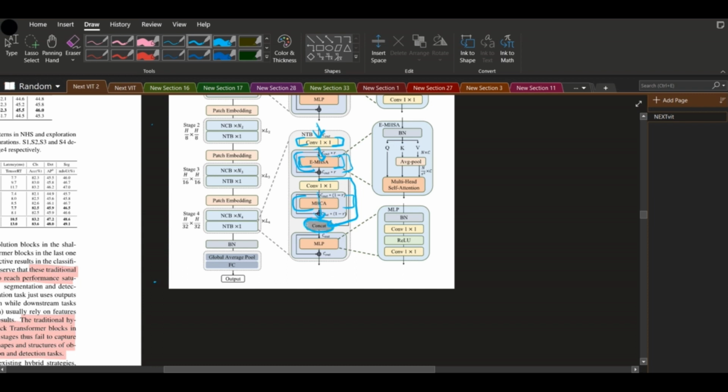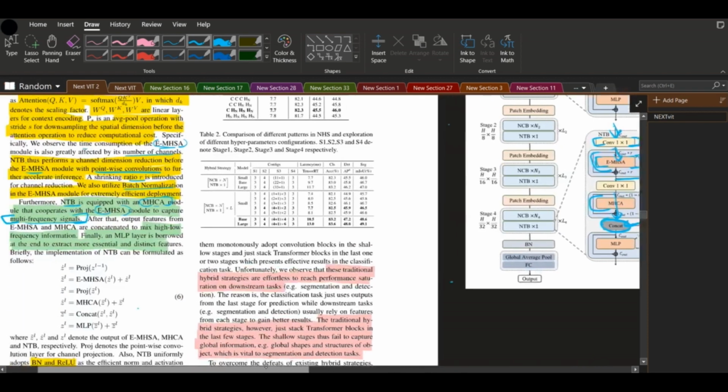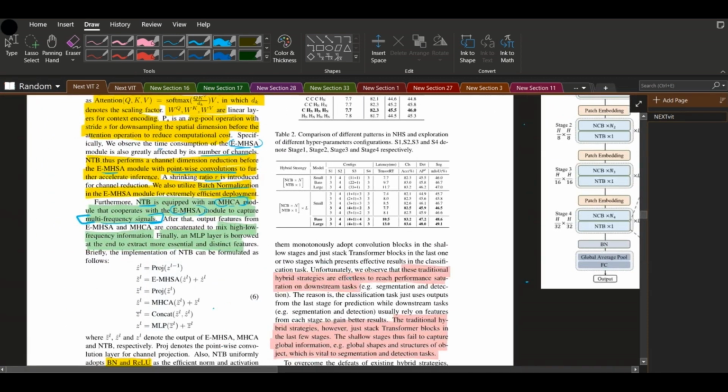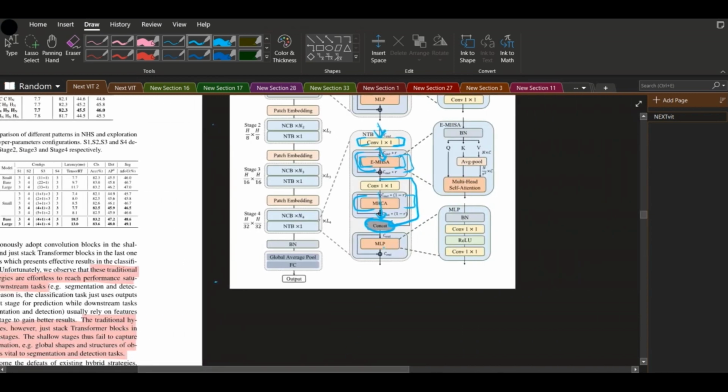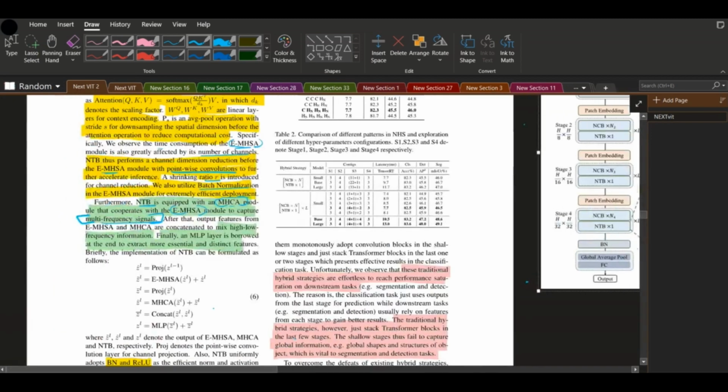So we're concatenating the output of the multi-head self-attention and the multi-head convolutional attention. Then the final step here, they have this multi-layer perceptron. Essentially, that is just to extract more essential and distinct features. So all of these operations are denoted as follows.